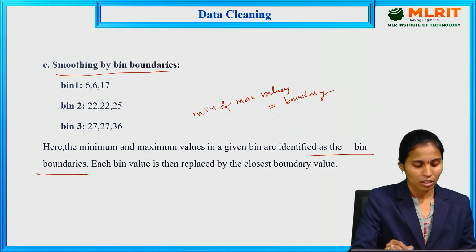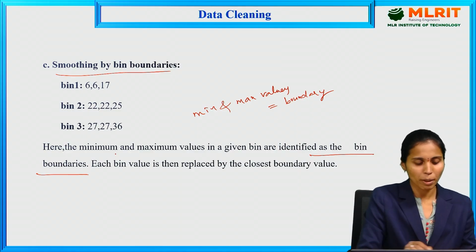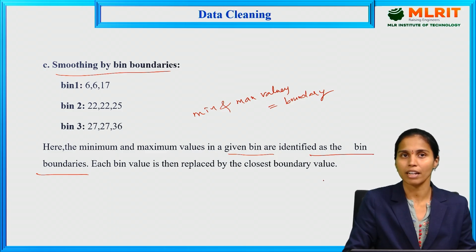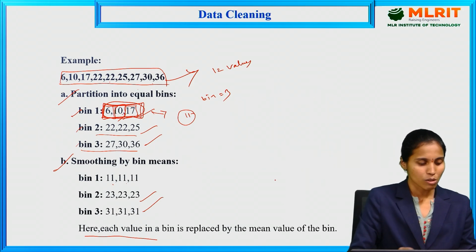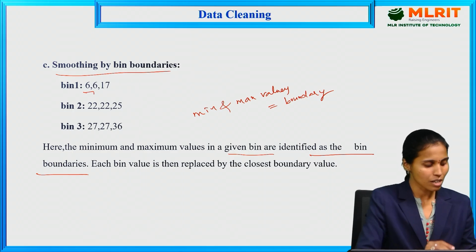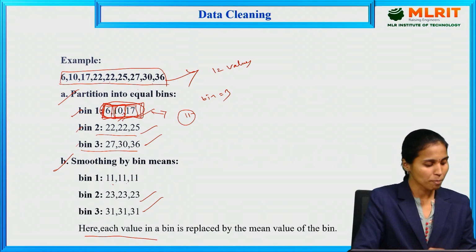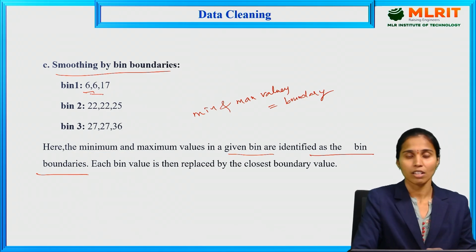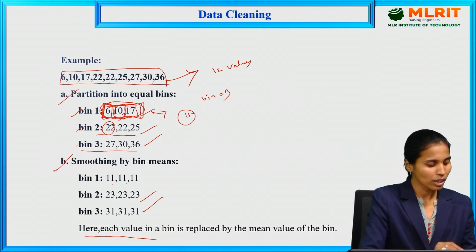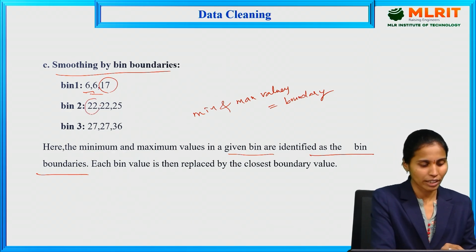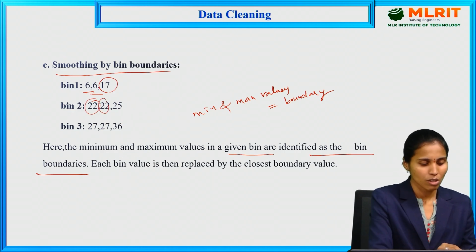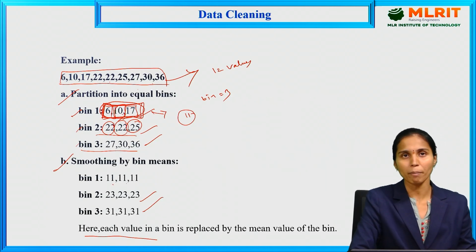So 6 is the minimum boundary, and 6 is replaced with 6. Then 10 is replaced with 6 as well. The maximum boundary is 17. Next, 22 is replaced with 22, and again 22 is replaced with 22. So 25 is the maximum boundary.